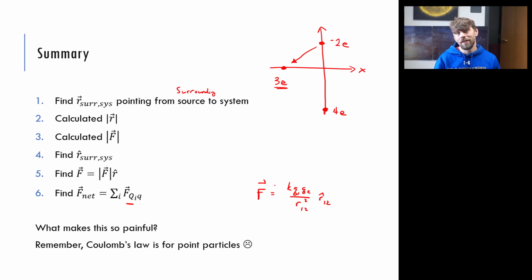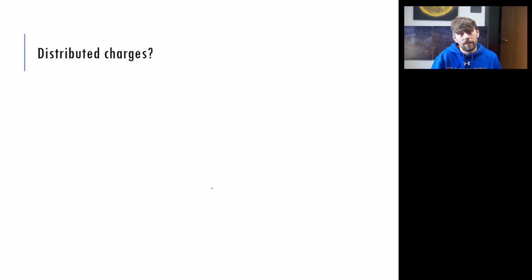So the question then becomes, how do we take this expression for point charges and use it to get an expression for what I refer to as distributed charges? Some vocabulary for you before we get into that.